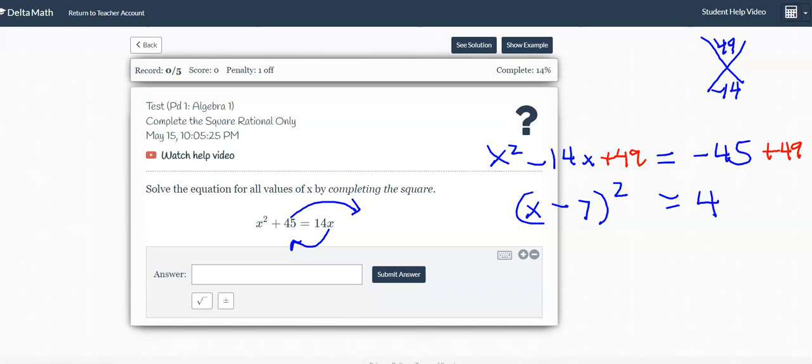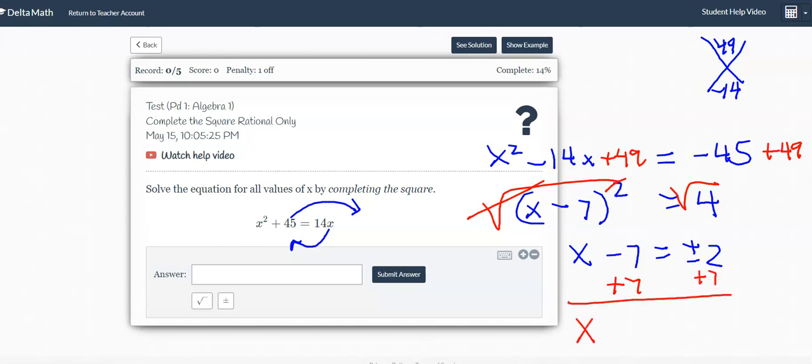All right, now for the solving. I'm going to square root both sides. And don't forget, when you square root a value, you actually get 2 answers. So don't forget to put your plus minus sign in front of your 2. Now when I add 7 to both sides, I get this statement. X is equal to 7 plus 2, or x is equal to 7 minus 2.